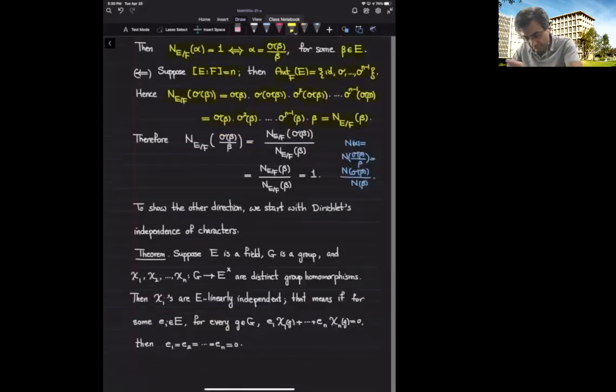Okay, so in particular now we get that norm of sigma of beta over beta, which is alpha, is norm of the numerator over the norm of the denominator, but they are the same, so we get that this has norm 1.